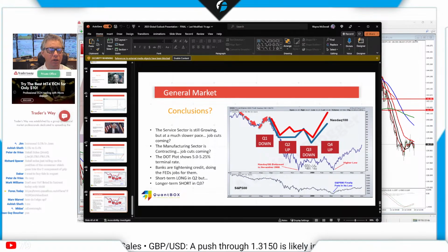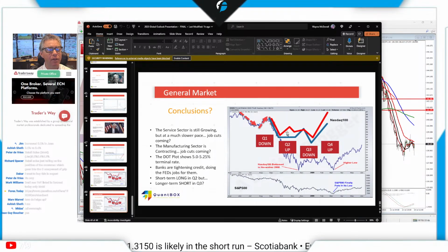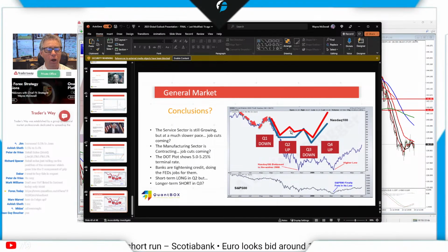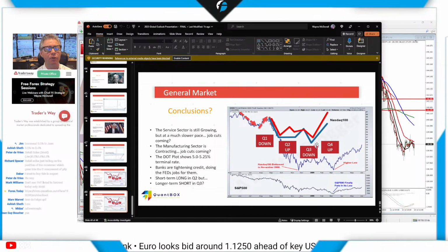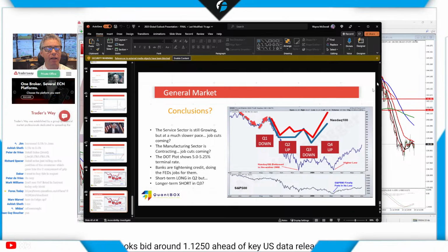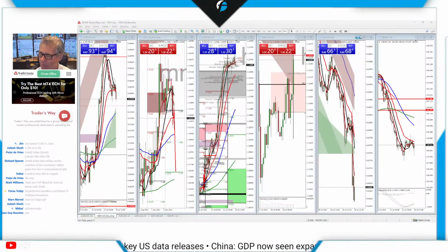This is a historic context of the 2008 crash. So I said no real crash, but probably down, and then up Q2, and then possibly kind of a flattish down Q3, and then a rally up at the end of the year. Because part of my conclusion is a recession's not going to happen in 2023.